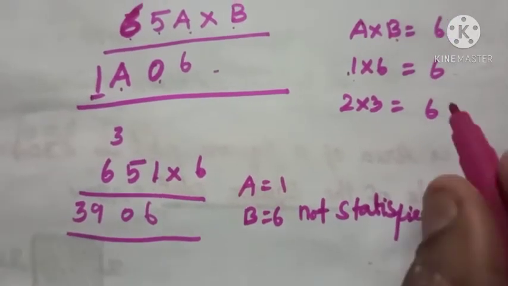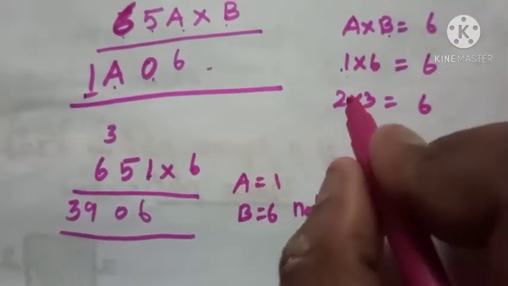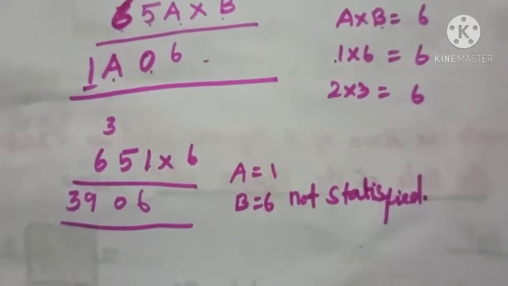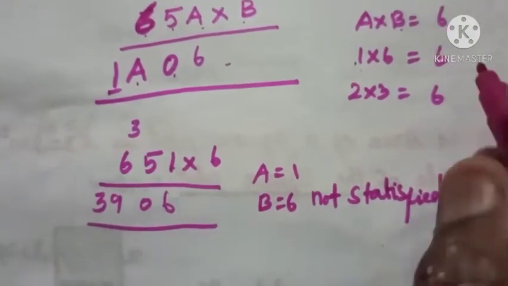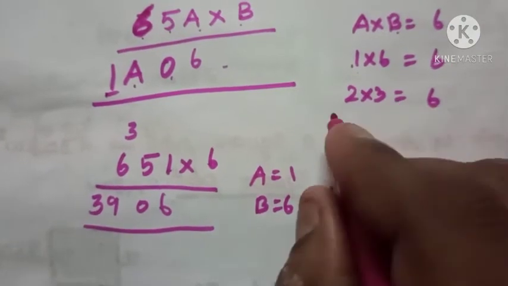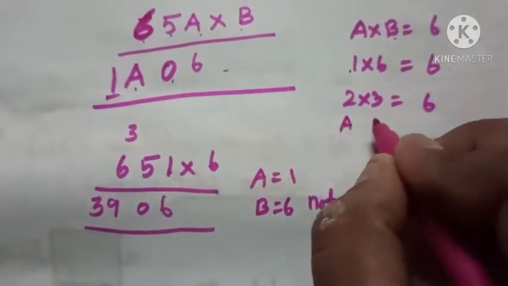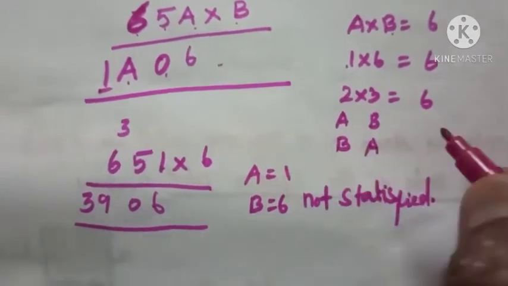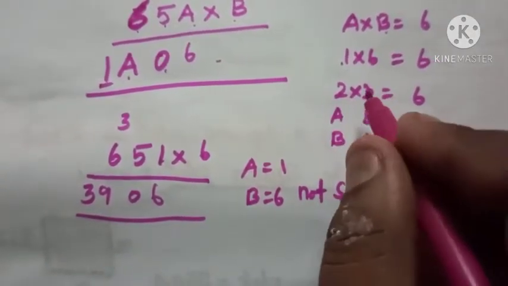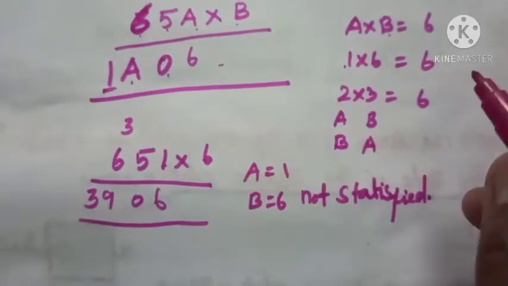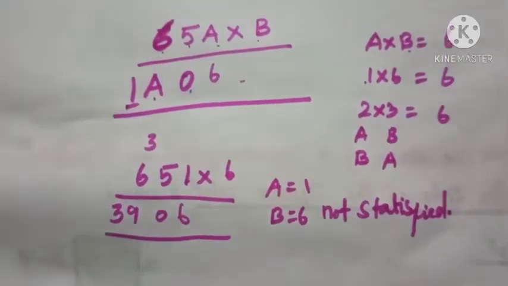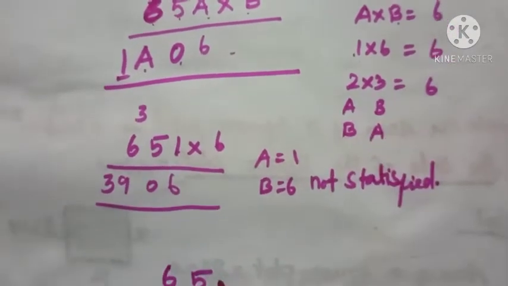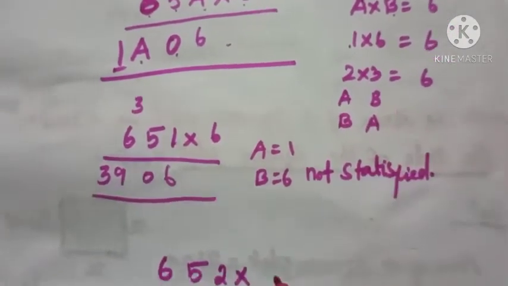Okay, so another option: we need to take a equal to 2, b equal to 3. But in this condition we take first this is a and this is b. Otherwise, in the second condition this one is b and this one is a, because they are different values. So first I take a equal to 2 into b equal to 3.